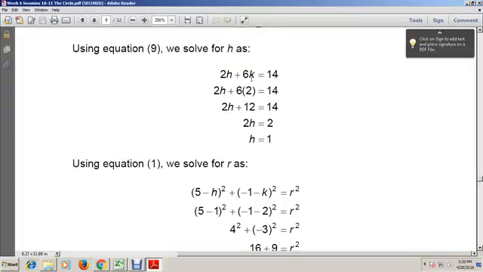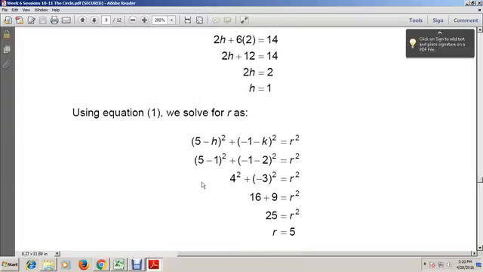Substitute the values of h and k in this equation. We have (5 minus 1) squared and (negative 1 minus 2) squared. So 5 minus 1 is 4, squared becomes 16. Negative 1 minus 2 becomes negative 3, squared becomes positive 9. And 16 plus 9 gives us 25. r is equal to 5.